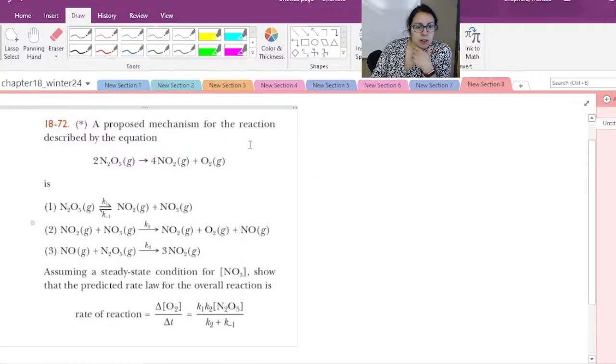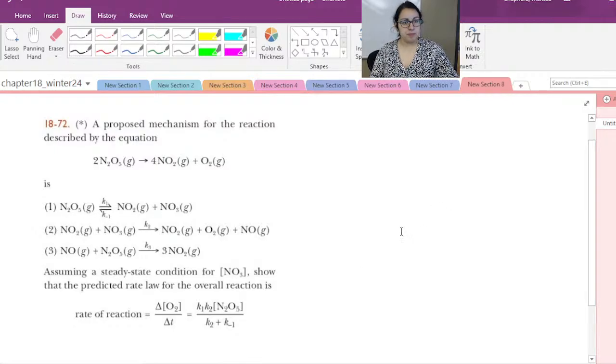So we have this reaction, so good old N2O5 now, so two of them. They go to make 4 equivalents of NO2 plus oxygen. And so here's a proposed mechanism with 3 steps there. And so your first step is N2O5 breaks down to NO2 and NO3.